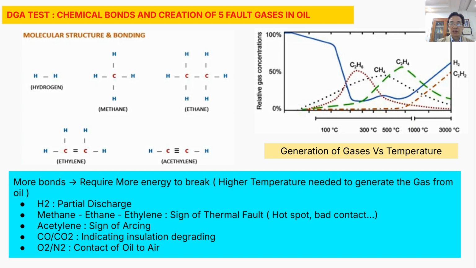Typically we have hydrogen generated at a lower range of temperature, but hydrogen may come up again. Here you can see at very high temperature, like in a critical situation such as arcing, it generates both acetylene and hydrogen. So hydrogen can be used as a common alarm for DGA for indicating a general problem in the transformer.